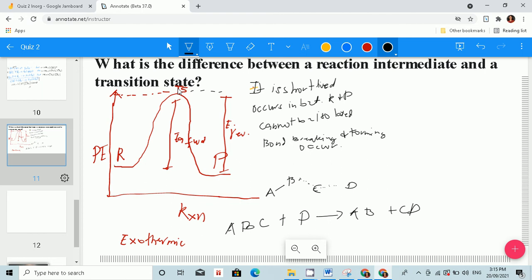There's a transition state from going up to going down. So your transition state is the time when you were up in the air, before you go down.